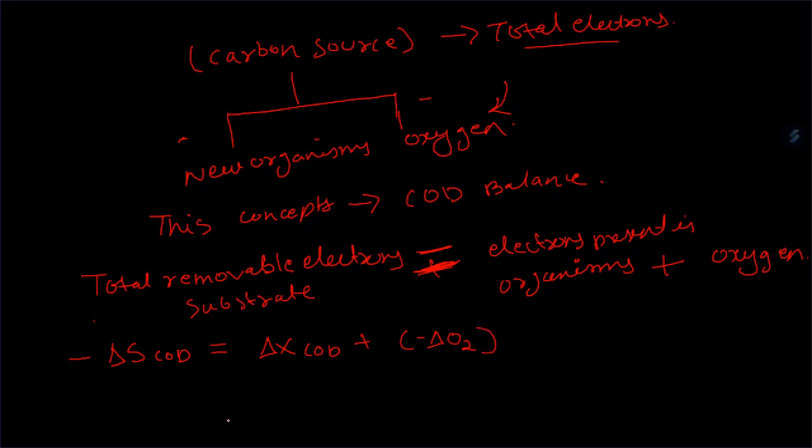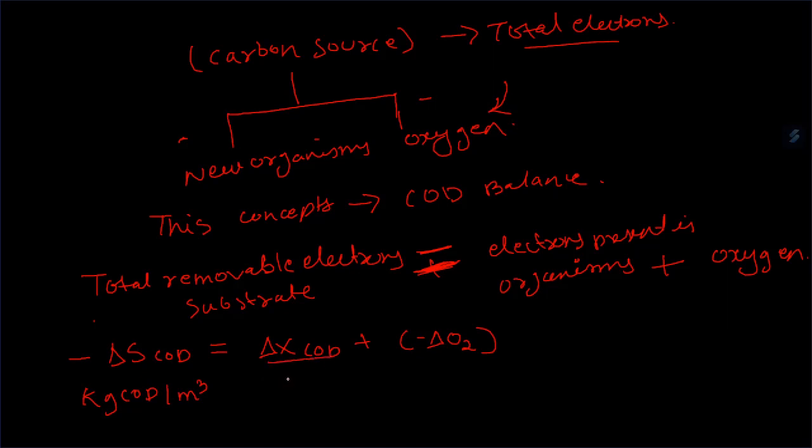So minus delta S COD is the substrate removed as COD, which you can measure in kg COD per meter cube. This represents the total removable electrons from this effluent which you want to treat.